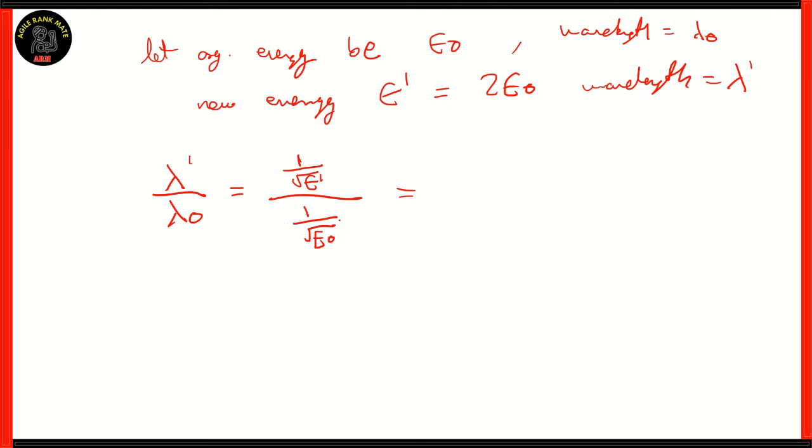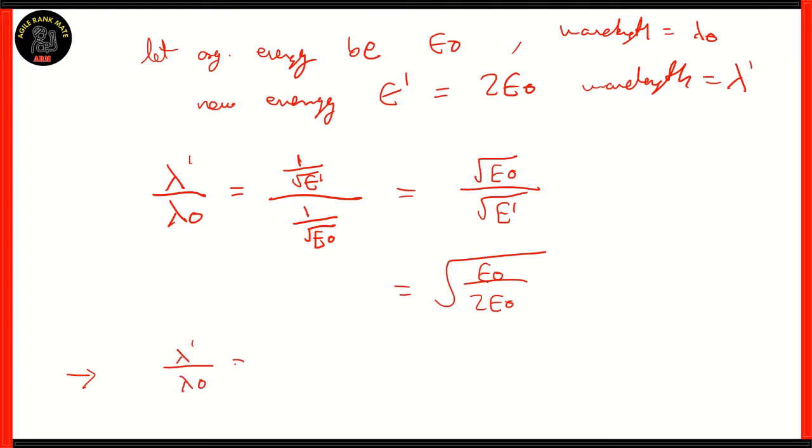So we take under root of E naught, the reciprocal, to the numerator of the first fraction. So what we get is under root of E naught over under root of E dash, which is the same thing as under root of E naught over under root of 2 times E naught. So the E naughts in the numerator and the denominator cancel each other out. So what we're getting is lambda dash divided by lambda naught equals 1 over root 2.